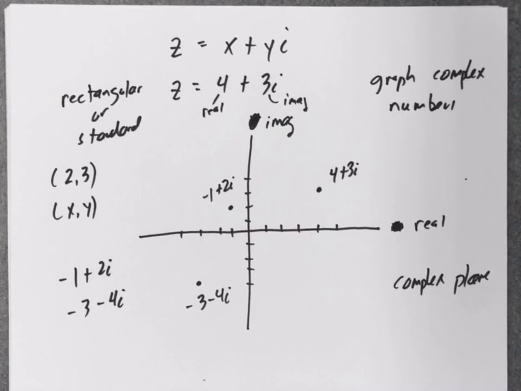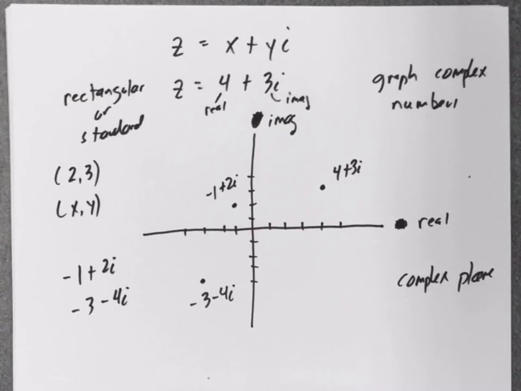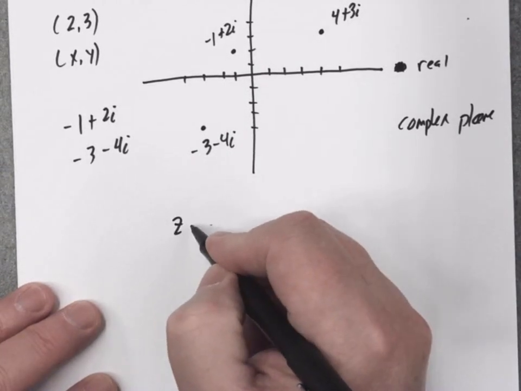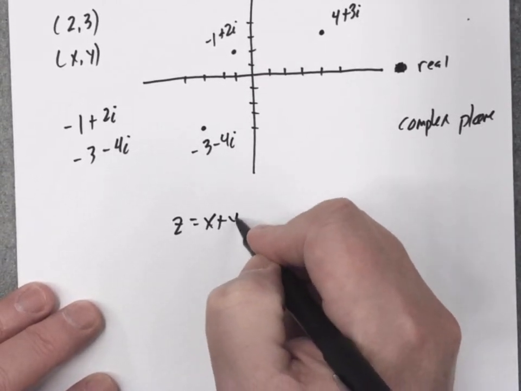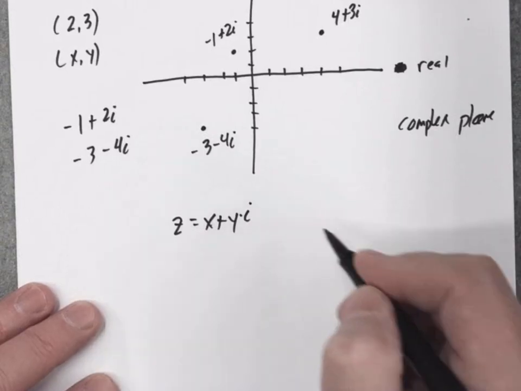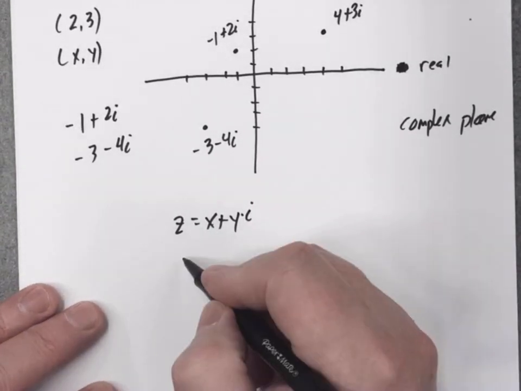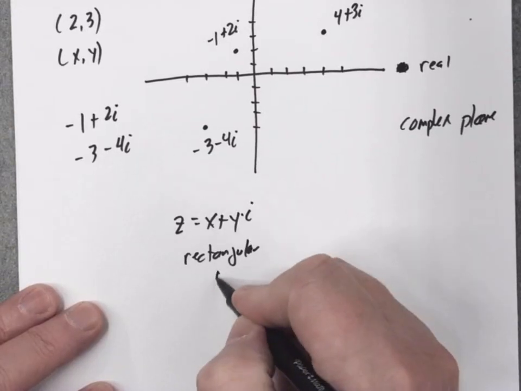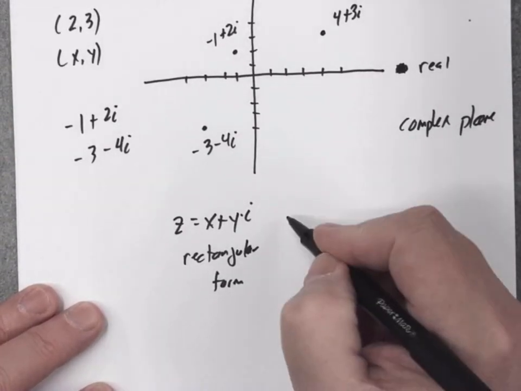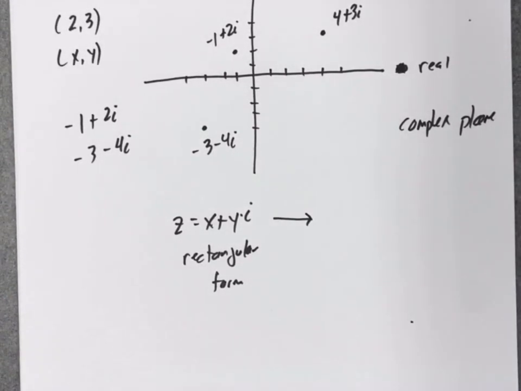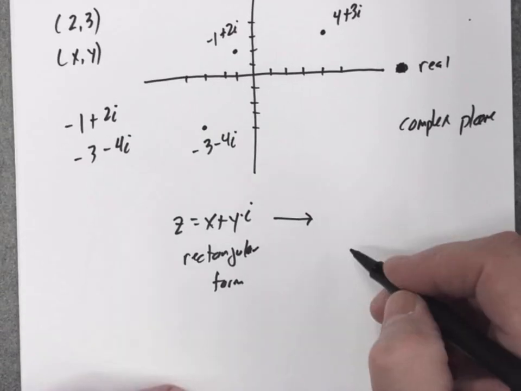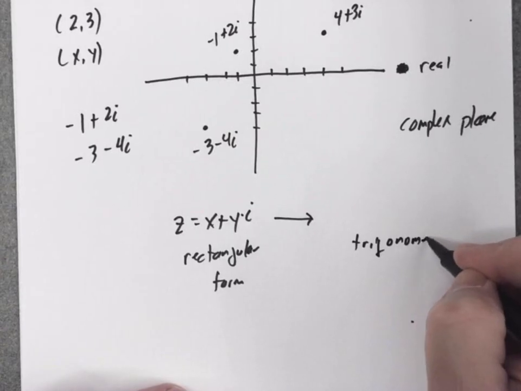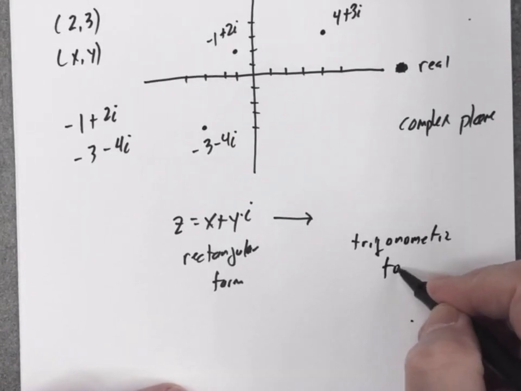But the more interesting thing now is we want to take a complex number in what we call rectangular form, and I want to convert it or rewrite it into what we're going to call the trigonometric form.